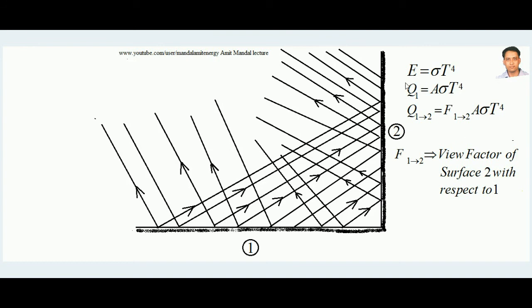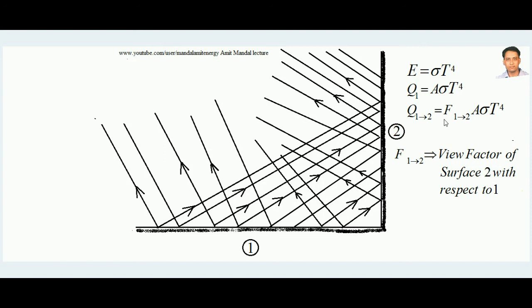This is the total radiative power coming out from surface 1, that is A sigma T to the 4. To find how much surface 2 is absorbing, we have to multiply by a factor called the view factor or shape factor. This view factor is a geometrical attribute. It depends upon the geometrical orientation of the two surfaces.